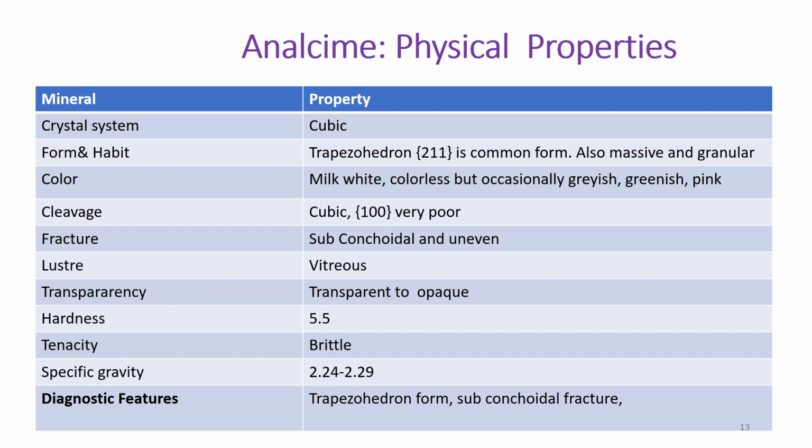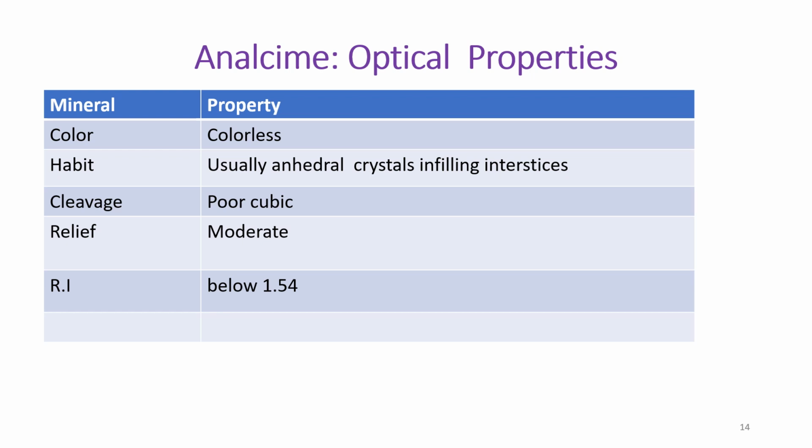It has a vitreous luster, and diaphaneity is transparent to opaque. Tenacity is brittle, and specific gravity is about 2.24 to 2.29. The trapezohedron form and subconchoidal fracture are the important diagnostic features.